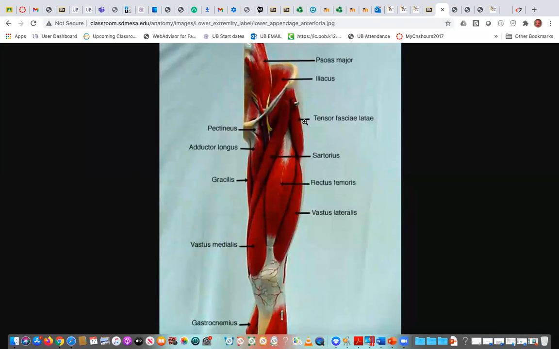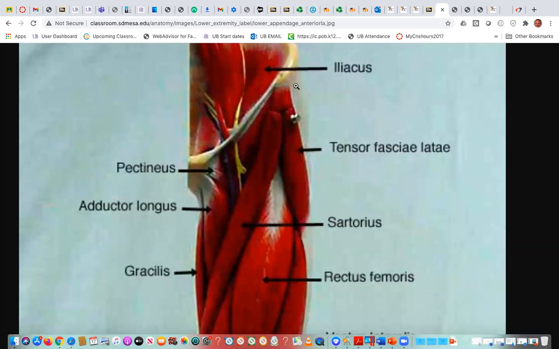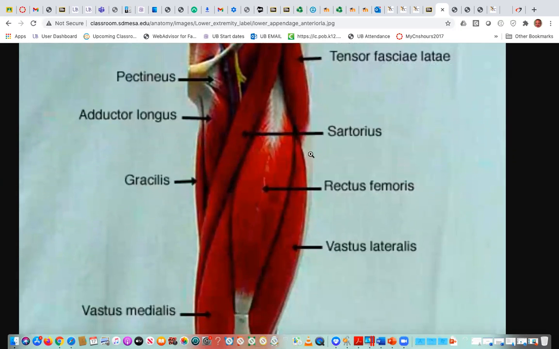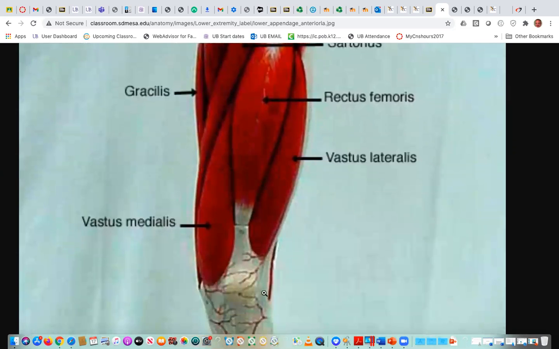So the TFL is a very short muscle here, and it originates on the ASIS, but it inserts on this structure here, which you can see a little bit if we hone in. It kind of blends in with what's next to it, but it is called the iliotibial band. And it starts here, it goes down, down, down, and attaches right here.